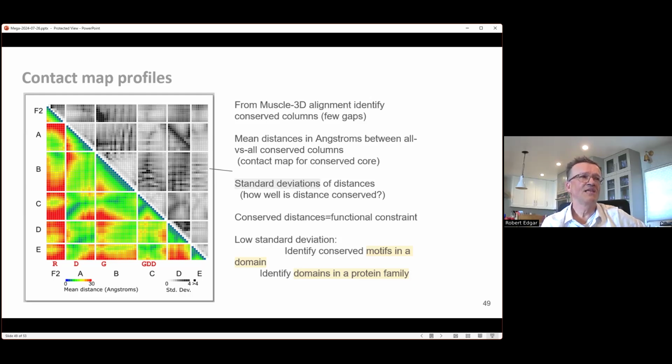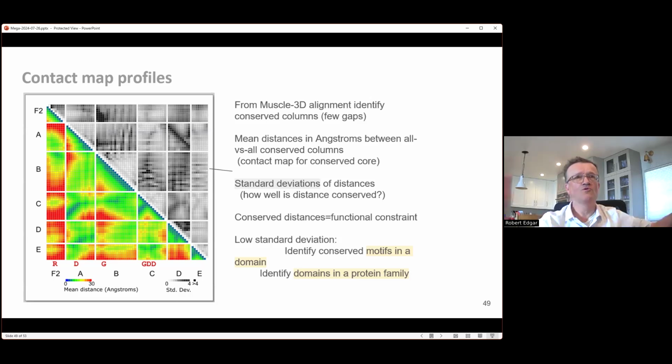You can see the bottom left of this picture is the conventional contact map, where green is close and red is far. The top right triangle is the standard deviation, so the light colored areas are constrained and the darker areas are less constrained. Hopefully by looking at a picture like this, you can pick out motifs within the domain that are doing something functional.